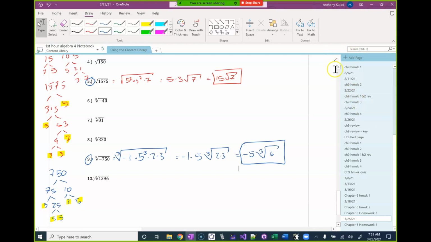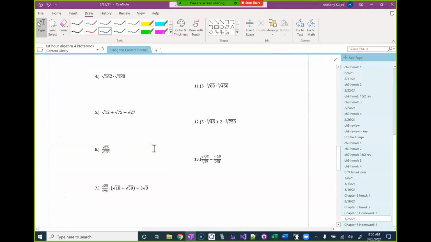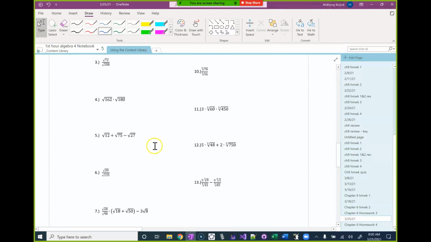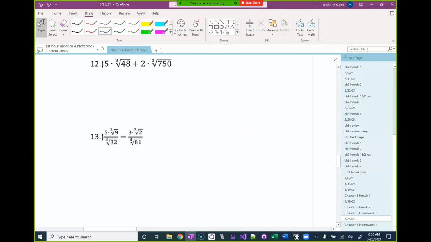I'm going to jump to homework 3 and look at, Leo, what number again? Okay. 13, yeah. Sure. Okay, so my plan here would be starting with a prime factorization. Most of these I'm just going to do in my head.